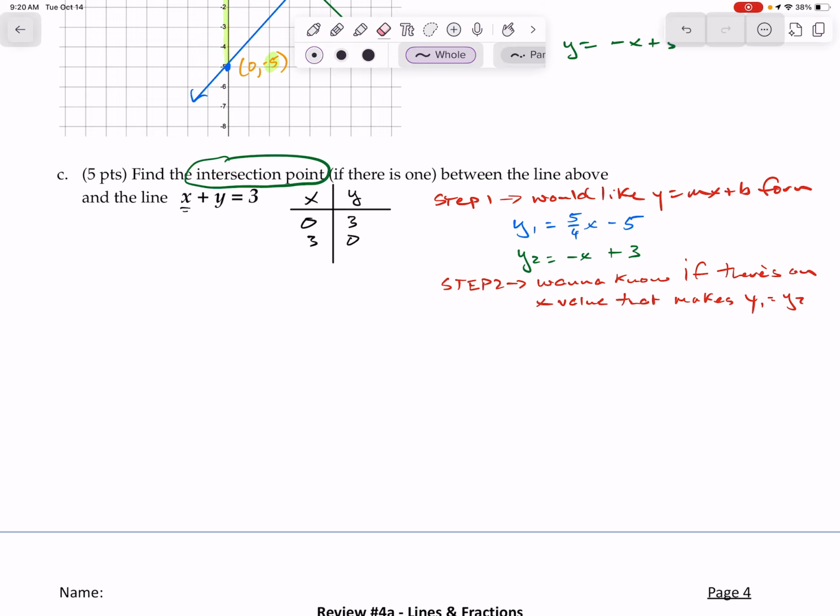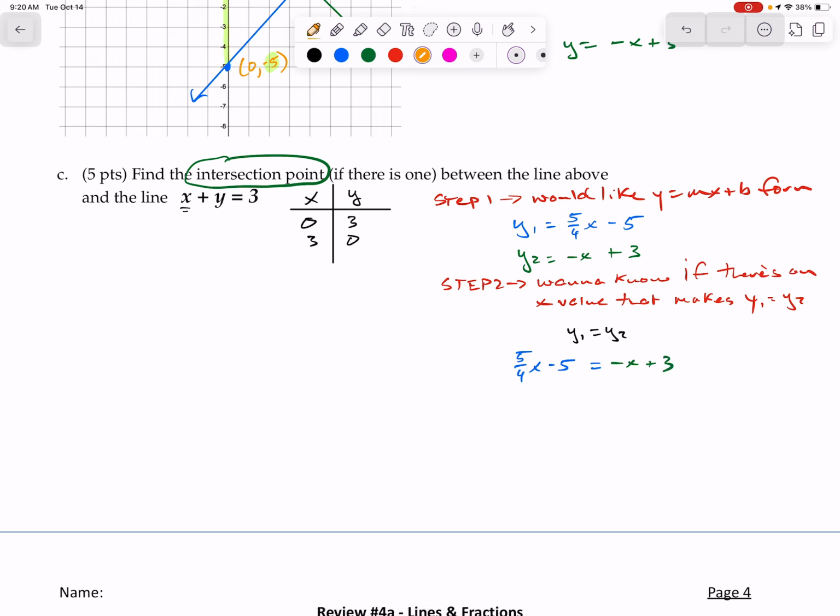Okay, well that's easy enough. So if I want to know where y1 equals y2, then that means that 5/4 x minus 5, which is y1, has to equal minus x plus 3, which is y2.